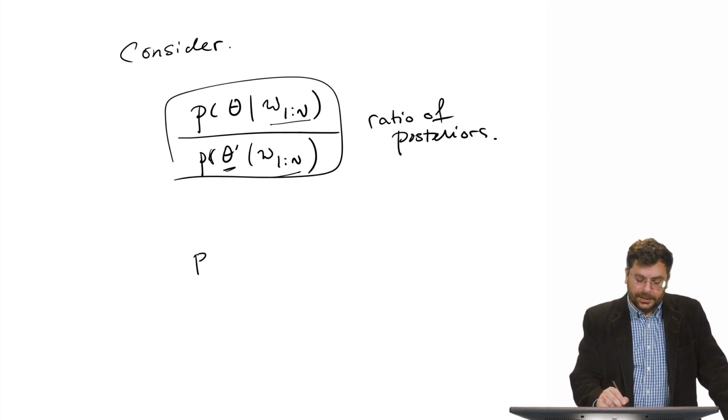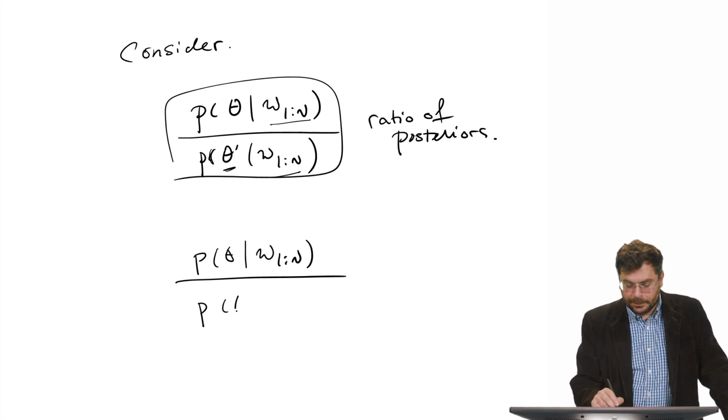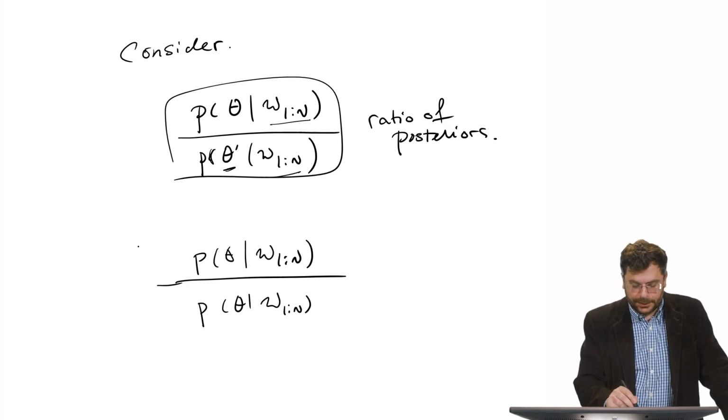Here's another one, and there's an infinite number of them that we can write down. But here's another one that's kind of useful to write down by the time we've been able to write down our posterior.